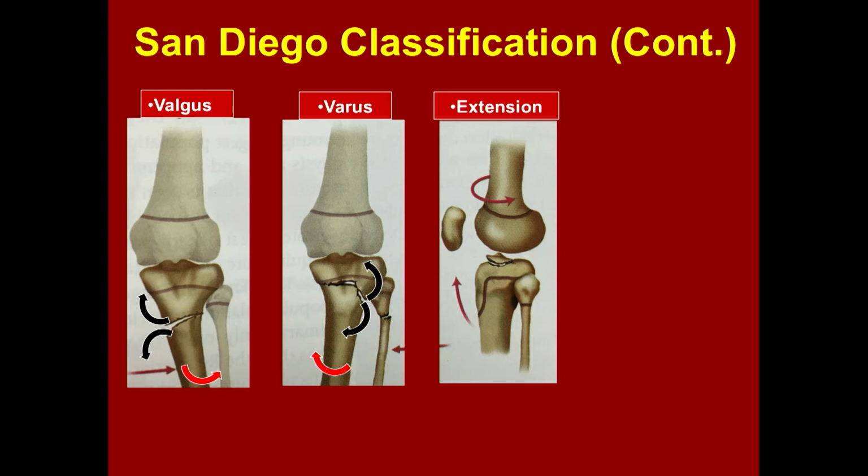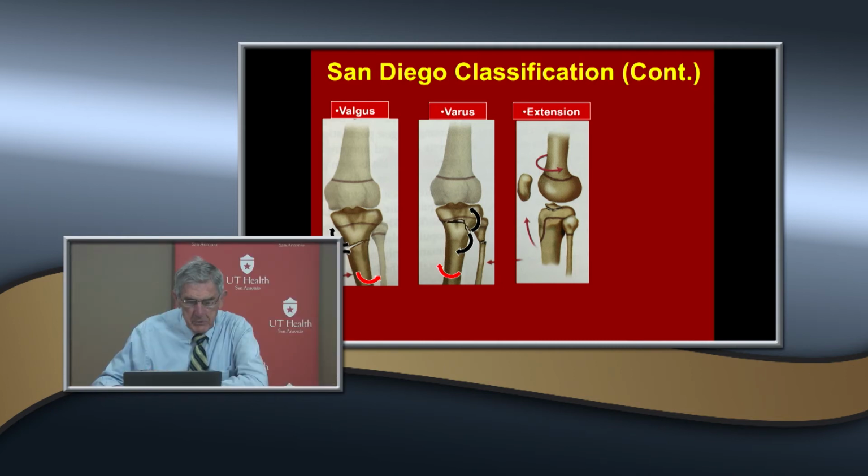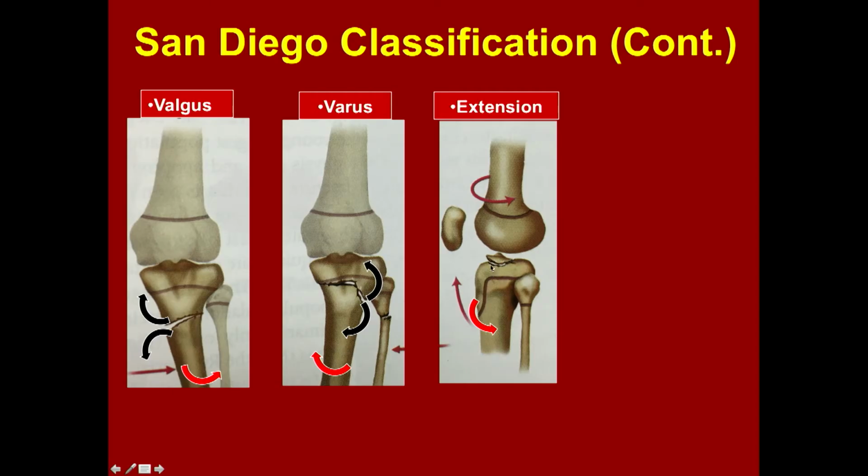And you can have an extension injury. If you have an extension injury, say they fall off a bicycle, what is a common intra-articular fracture associated with this? A tibial spine. That's exactly right. The cruciate is stronger than the tibial spine, and so when you have an extension fracture, and actually this arrow should be the other way because it opens up posteriorly, you stress the anterior cruciate, so you need to look for that.